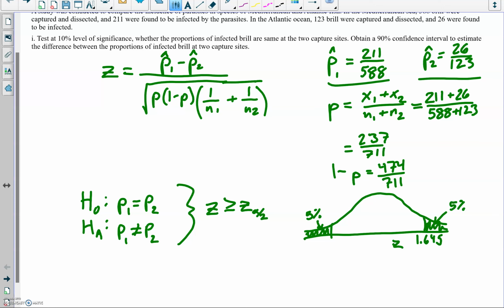So this would be our positive Z of alpha over 2, where our alpha here was the 10% level of significance. And then over here, we'd have our negative Z alpha over 2, and that's going to be equal to negative 1.645. Now again, I'm pretty certain we're not going to need this based on how I'm subtracting p1 minus p2. But if you didn't see that beforehand, it is good to get both these values down. And you've got to be above this to reject the null or below this to reject the null.